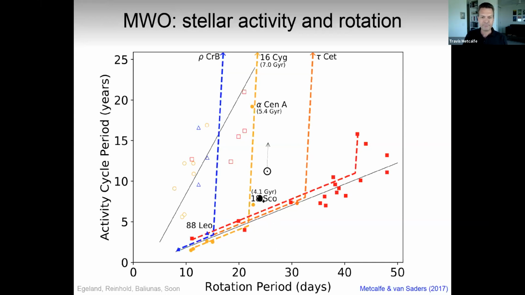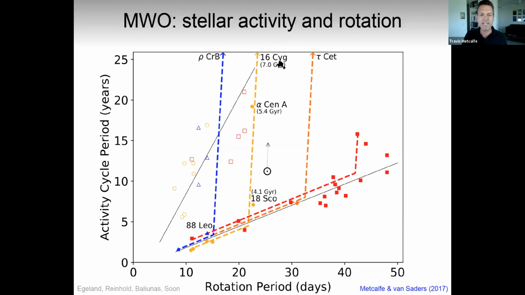In particular, this sequence of solar analogs, 18 Sco around 4 gigayears, Alpha Centauri about 5.5, and 16 Cyg around 7, seems to show that after standard spin down, where activity cycles gradually get longer as the rotation period slows, once stars hit a critical rotation rate for a given mass, rotation seems to stop evolving, and the activity cycle apparently grows longer and weaker until it disappears entirely in the case of 16 Cyg.